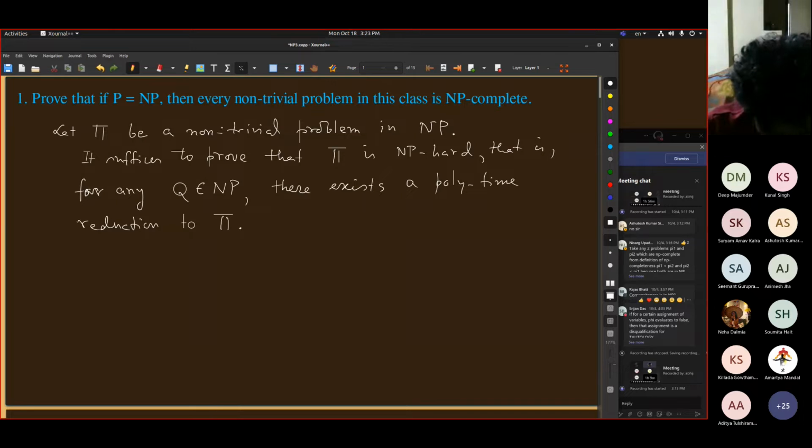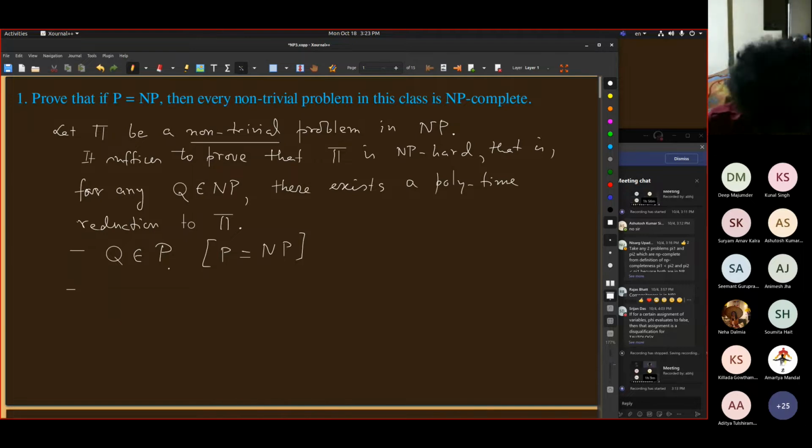Now I have to use two facts that are given. One, P is equal to NP. So Q is in NP means Q is in P, since P is equal to NP. And the second fact that I will use is that pi is a non-trivial problem.